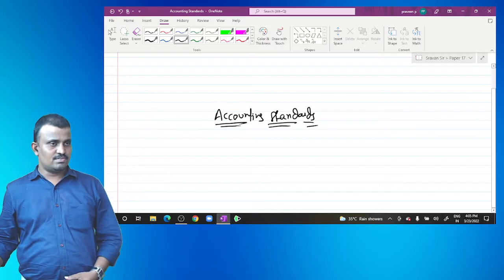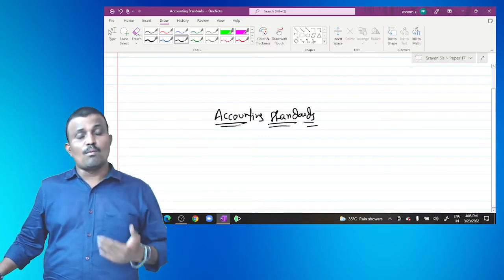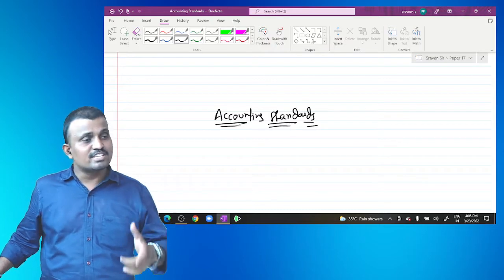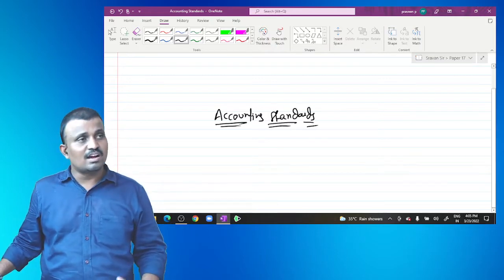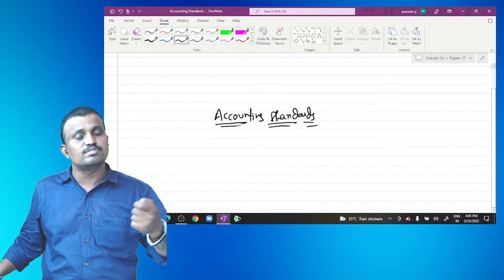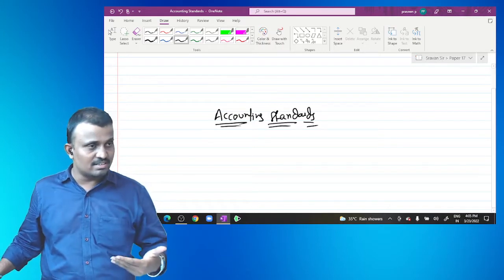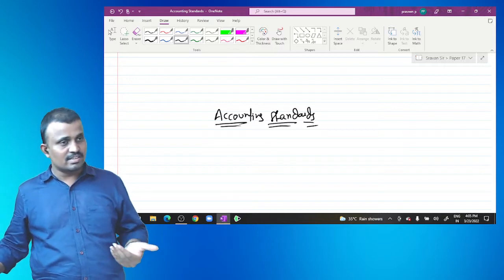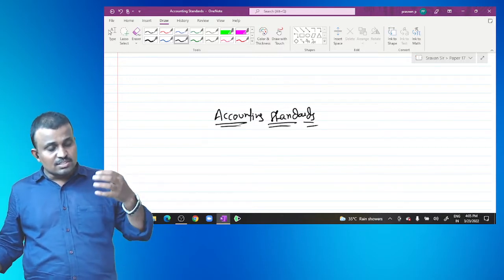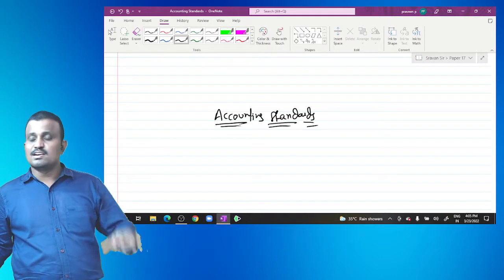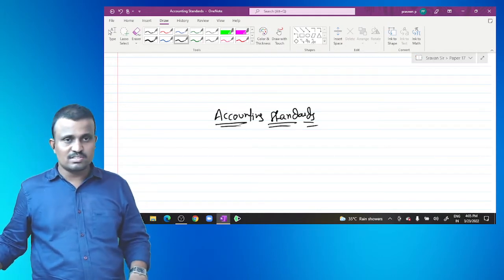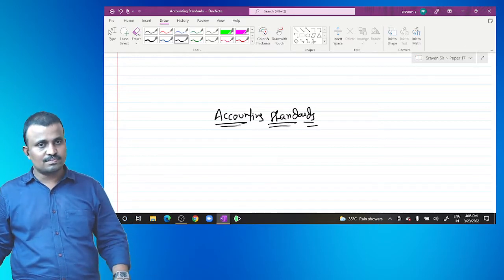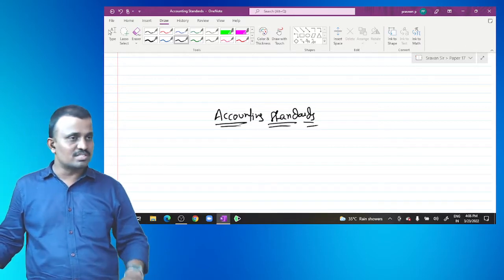In this lecture, we are going to discuss what is meant by accounting standards, what is the procedure for issuing them, which body issues the accounting standards in India, the list of the accounting standards and their applicability, and then we discuss two accounting standards. This is today's lecture.